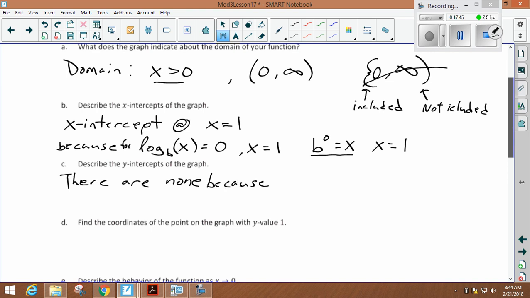Because x equals 0 and any x less than 0 are undefined. Yeah. All right.